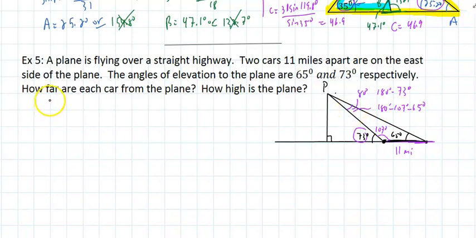And now can't I say the sine of 8 degrees to 11 equals the sine of 65 degrees to, call it x, this being x. Well, isn't x 11 times the sine of 65 degrees divided by the sine of 8 degrees?